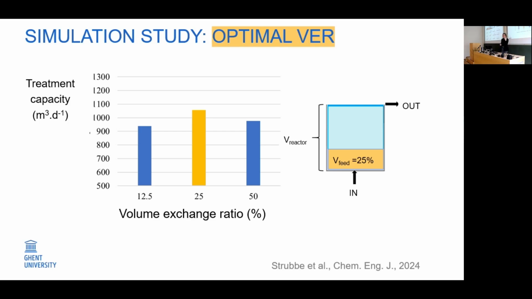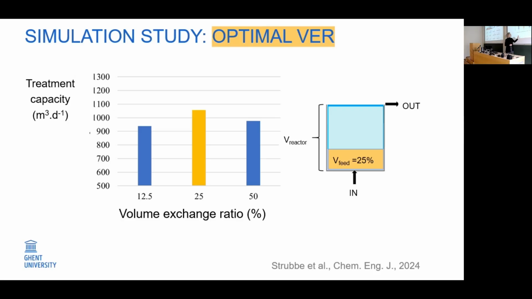You can think of this yourself. If the volume exchange ratio is low, the reaction time is relatively small compared to the feeding and settling time. So there you lose on the treatment capacity. That's logical. But you would not have expected maybe that there is also a maximum. And that is because of this dynamics in the aeration efficiency.